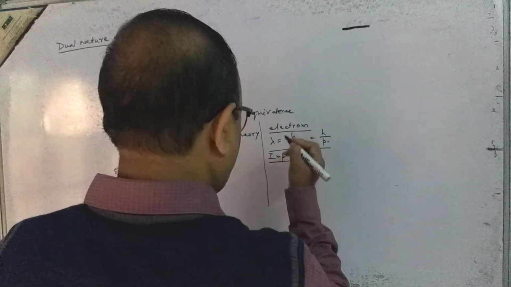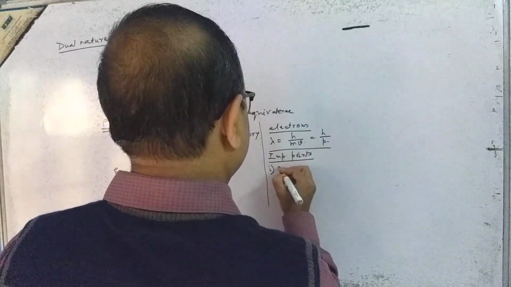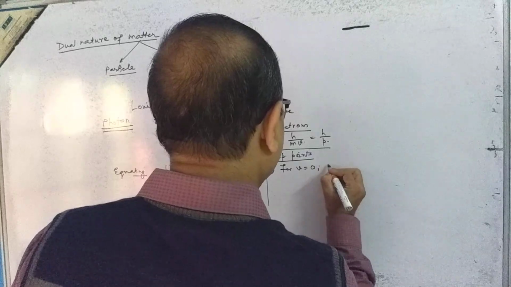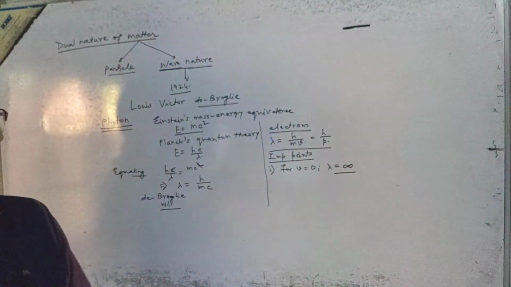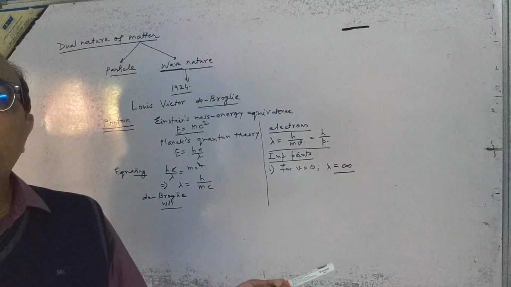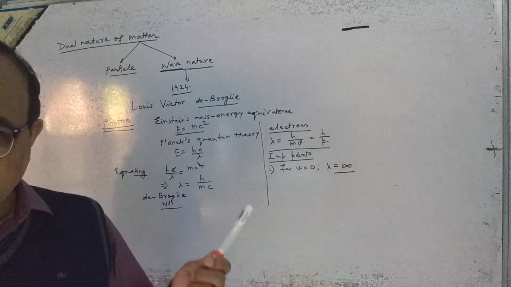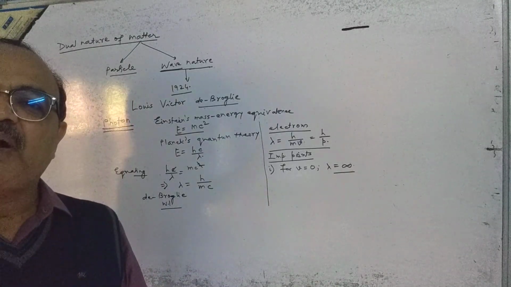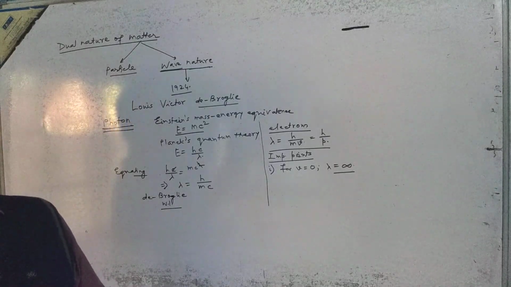Number one, for v = 0, λ = infinity. That means λ = infinity has no meaning. That means the wave is not at all formed. It means de Broglie wavelength is always associated with the particles which are moving with certain velocity, with certain speed.